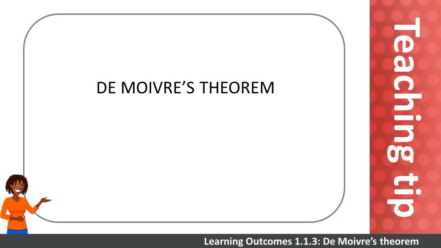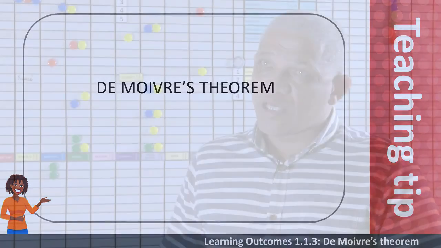Let's look at some teaching tips on de Moivre's theorem. Link de Moivre's theorem with polar form. What does that mean? You can only apply de Moivre's theorem once the complex number is given in polar form.